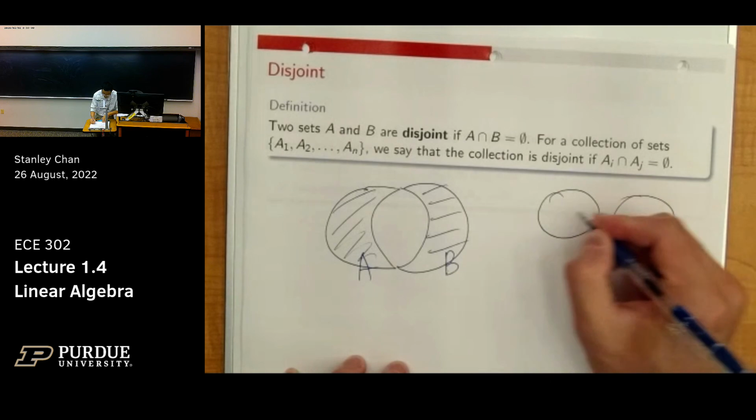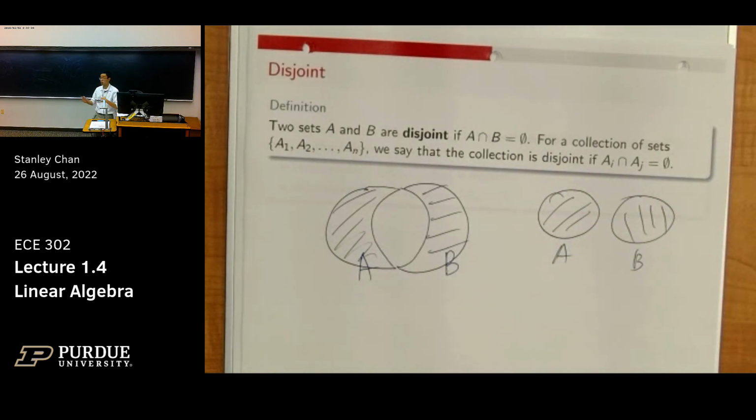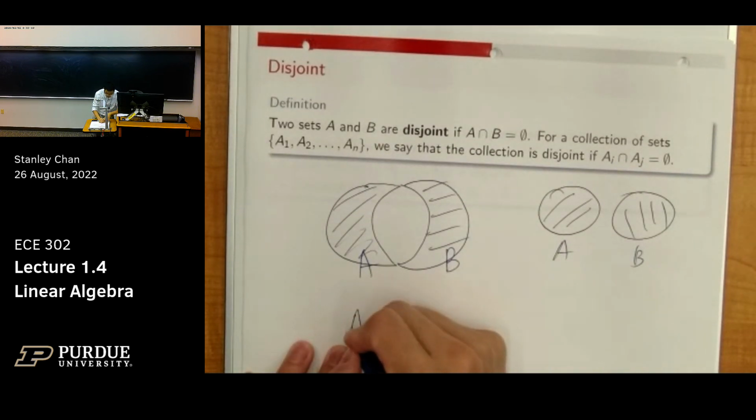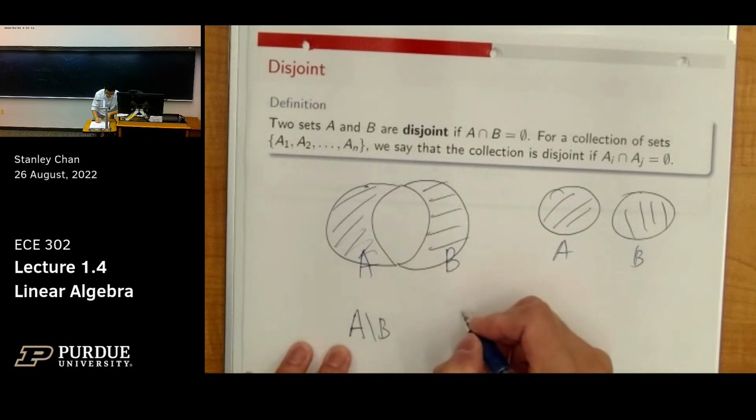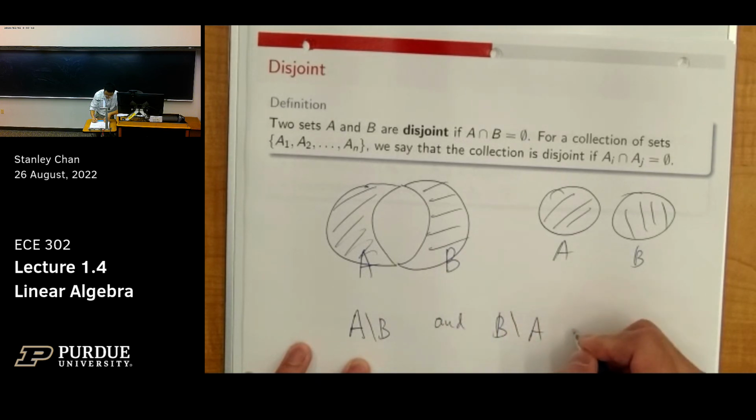They are disjoint because there isn't any overlap between the two sets. And so A less B and B less A are disjoint.